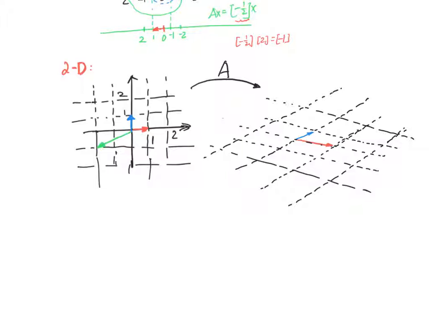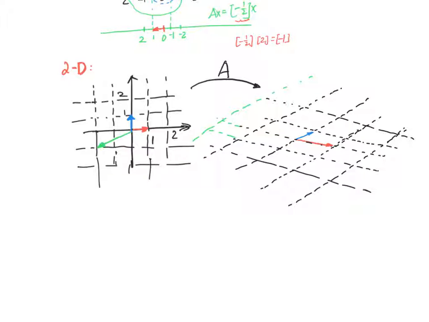So now, this green vector will be mapped to, because when you look at here, you know it's going to be -2 of the red vector plus -1 of the blue vector. So correspondingly, under the mapping, it should be somewhere here.